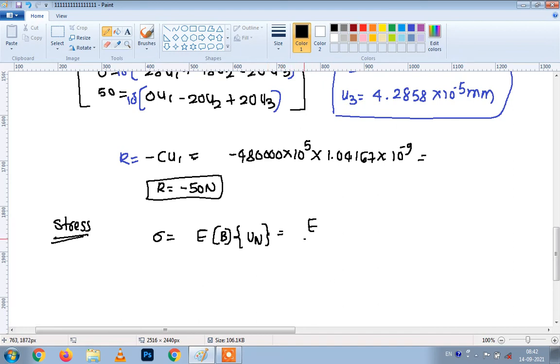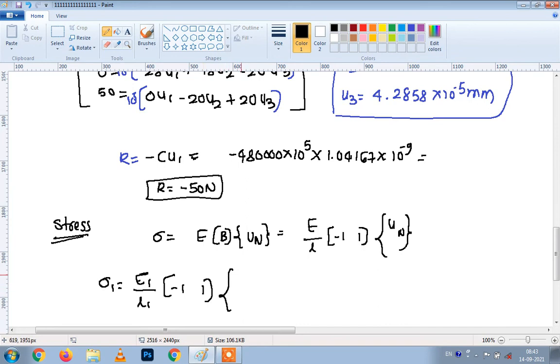The value for B is 1 by L into minus 1, 1, and E is as it is. For the first element, sigma 1 is equal to E1 by L1 into minus 1, 1. The first element is connected between u1 and u2, so I am writing here u1, u2.